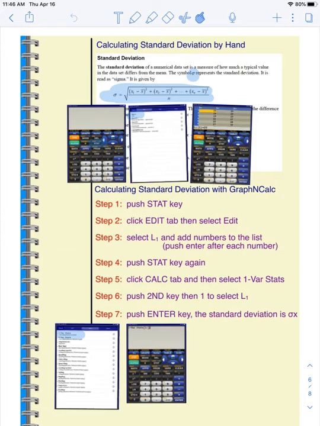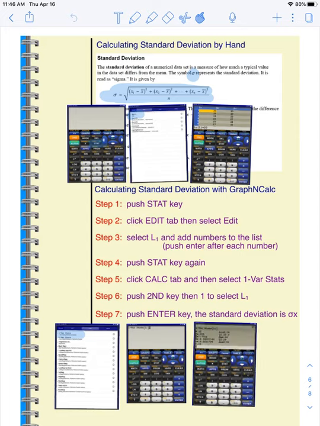You're now calculating variable stats for list 1. Hit enter, and that will lead you to this screen. Now at the bottom right, 1-Var Stats for L1, and the standard deviation is the number here represented by this lowercase Greek letter sigma x.